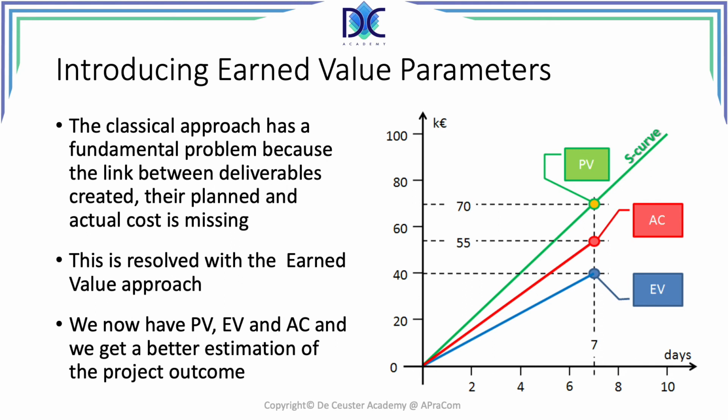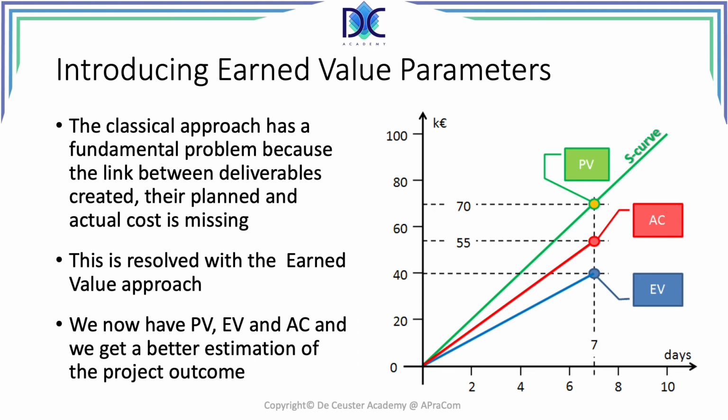Now, when we add the earned value, the value we created up to this moment, we see that the earned value is below the actual cost and below the S-curve. What does it mean? Well, the S-curve combines the schedule information and the cost information. The earned value represents the schedule information.